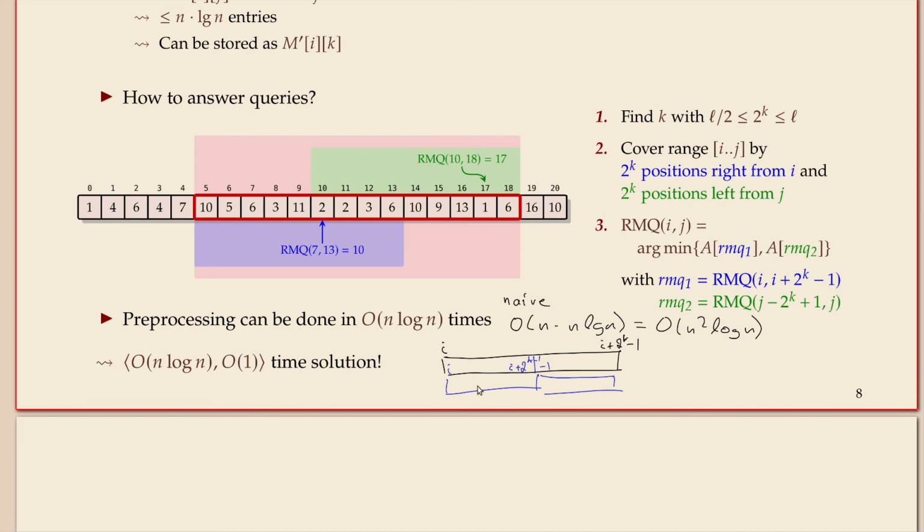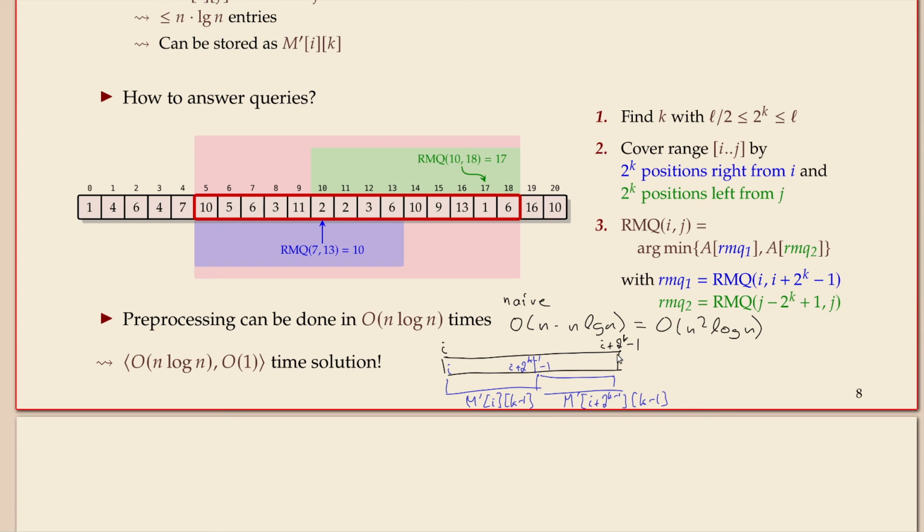So that is just M prime of i and k minus 1. And the second range similarly is M prime of i plus 2 to the k minus 1, and then k minus 1. So I can do the same trick that I do in the query.